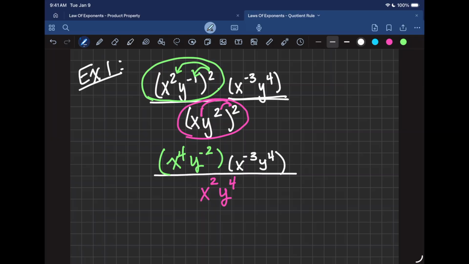Looking at my numerator, I see we have an x and a y. So I'm going to write these over here. Looking at my x's, I have a 4 and I have a negative 3. 4 plus negative 3 is a positive 1. Looking at my y's, we have a negative 2 and a positive 4. Negative 2 plus 4 is a positive 2.